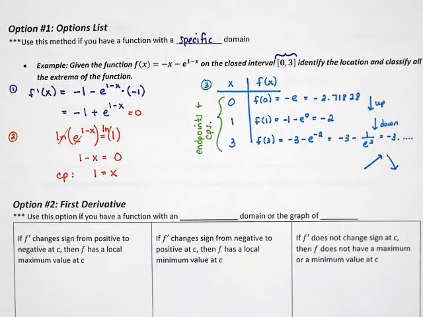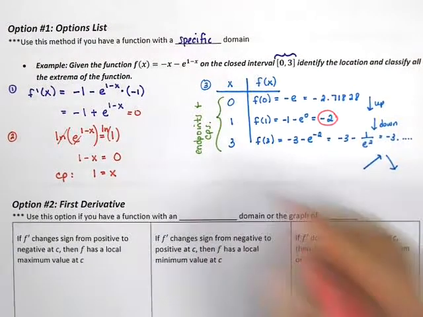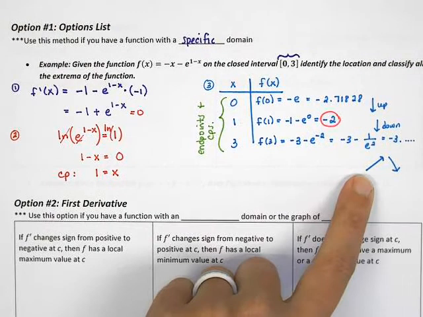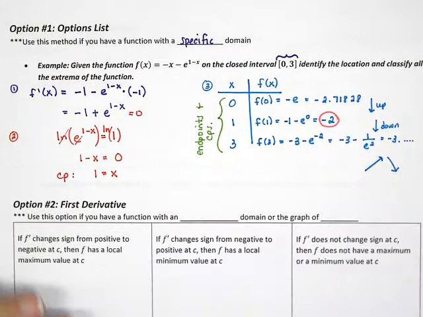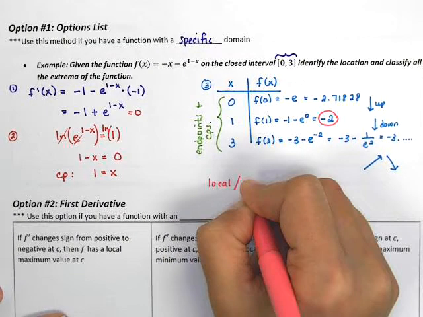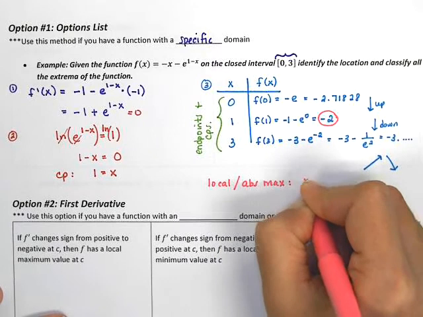What that means is that this middle value right here must be the maximum. And we know actually that not only is it a local maximum, it is also the absolute maximum for this section of the graph. Because based on this picture that I drew, it never turns back around. So the local and absolute max would be at x equals 1.